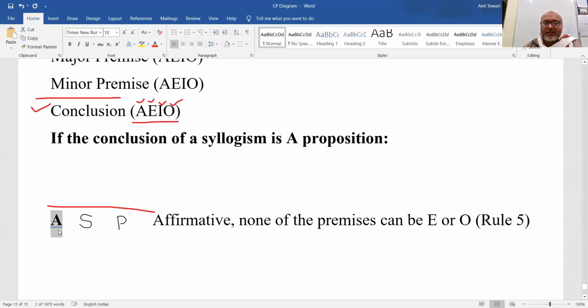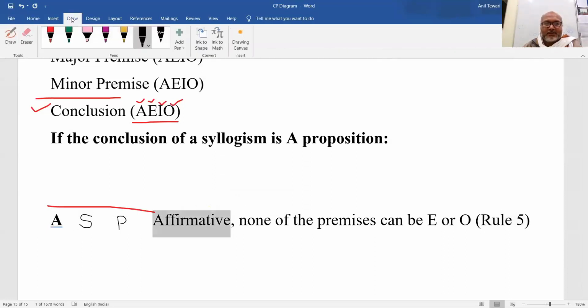And you have seen that A is affirmative, right? So the moment you come to know that your conclusion is affirmative, you can, without any difficulty, say that none of the premises can be negative. That is E or O. None of the premises can be E or O. All right.